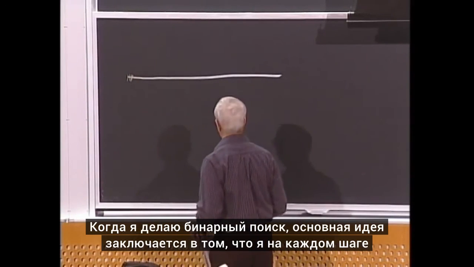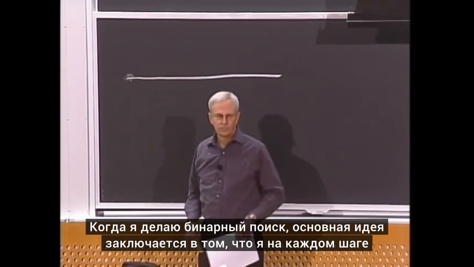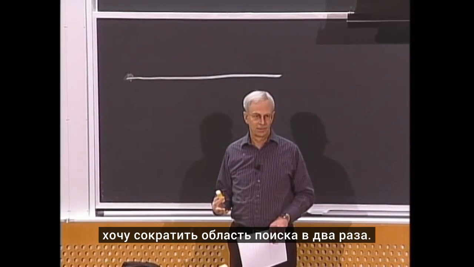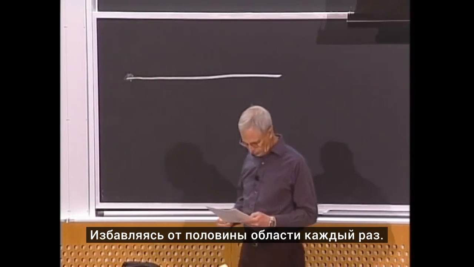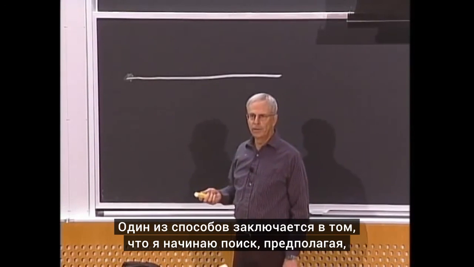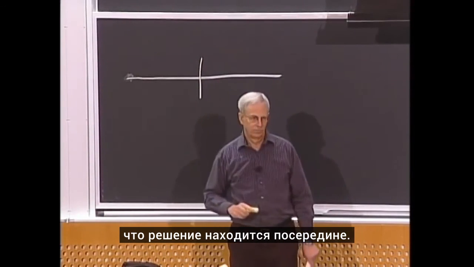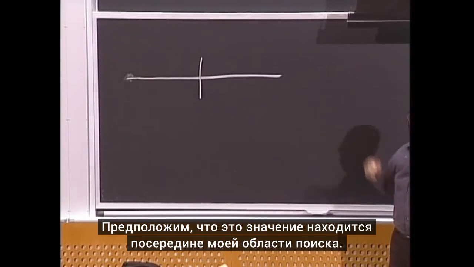When I do bisection search, the basic idea is each step I want to cut the search space in half. Get rid of half of the search space each time. So one way I could do it is I start with a guess, say in the middle. Just pick some guess that's in the middle of my search space.